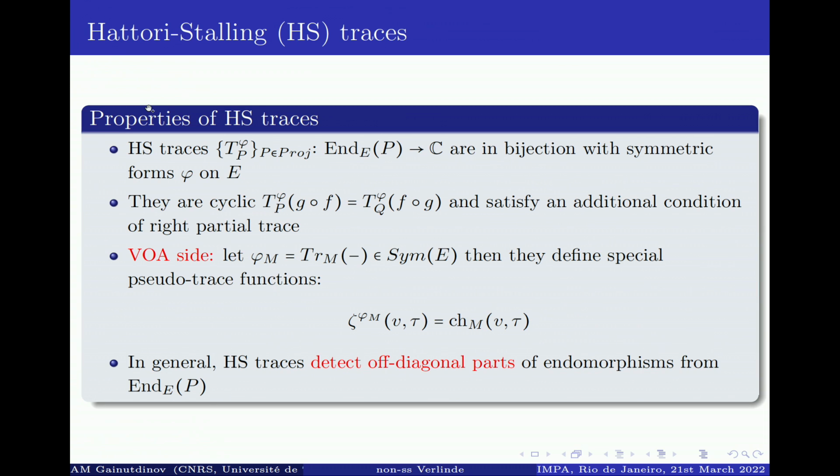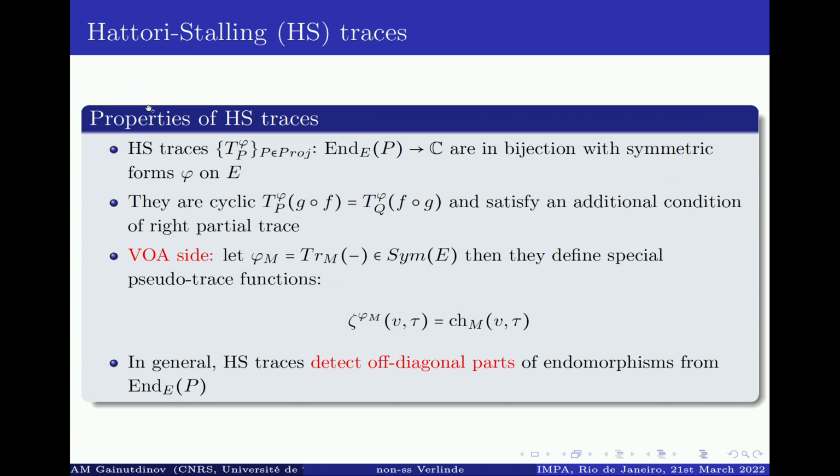Let me say a few words about Hattori-Stallings traces. So the Hattori-Stallings traces for any associative algebra are linear maps. It's a family of maps from endomorphism spaces of projective objects to complex numbers, right? And such traces are in bijection with symmetric forms. I don't give a full definition, but I will give you an idea. They are cyclic, so they are usual traces, and they also satisfy an additional condition of right partial trace, which I skip.